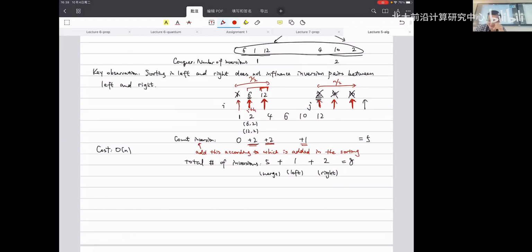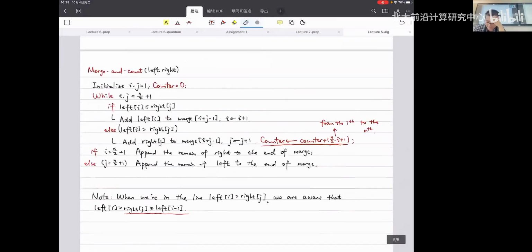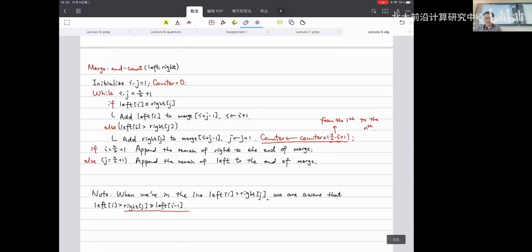For instance, here I have this n over 2 plus 1. It's a case where I ran out of this left array and just move out of it. You can stop when it is n over 2. When you program everything, it's just some details that are up to your preference, so it's not so important. Any other questions?